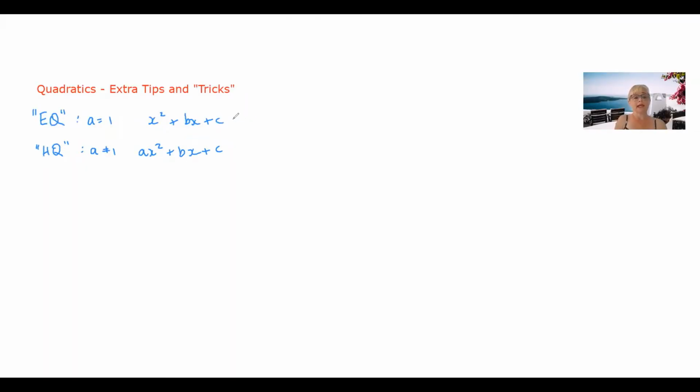Now, in the case where we have an equation and it's an EQ, the sum of the roots is going to be negative b and the product is going to be c.